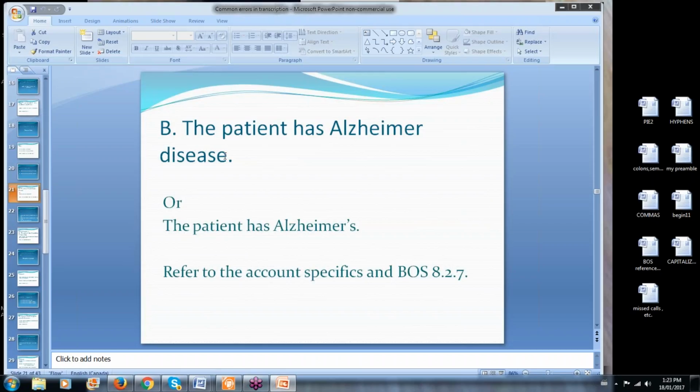Usually if the word disease is dictated, that's kind of your tip off, then you drop the apostrophe S. And if they don't say the word disease, then you keep the apostrophe S. So you can refer to the account specifics on your eponyms. You look in the eponym section in your account specifics, and it'll explain that. And also you can see in BOSS 8.2.7 as well.